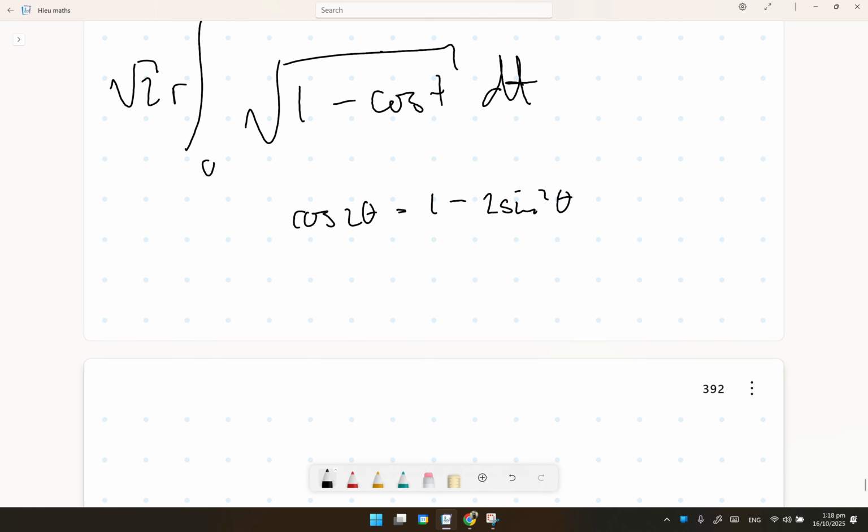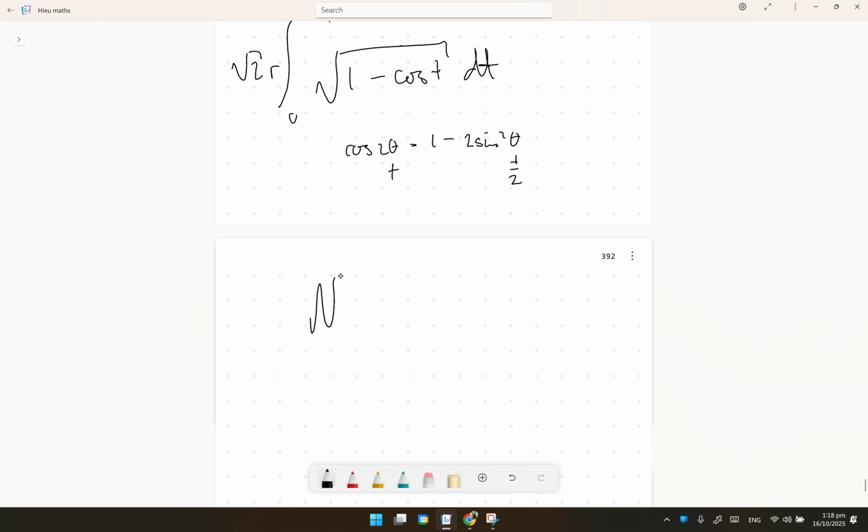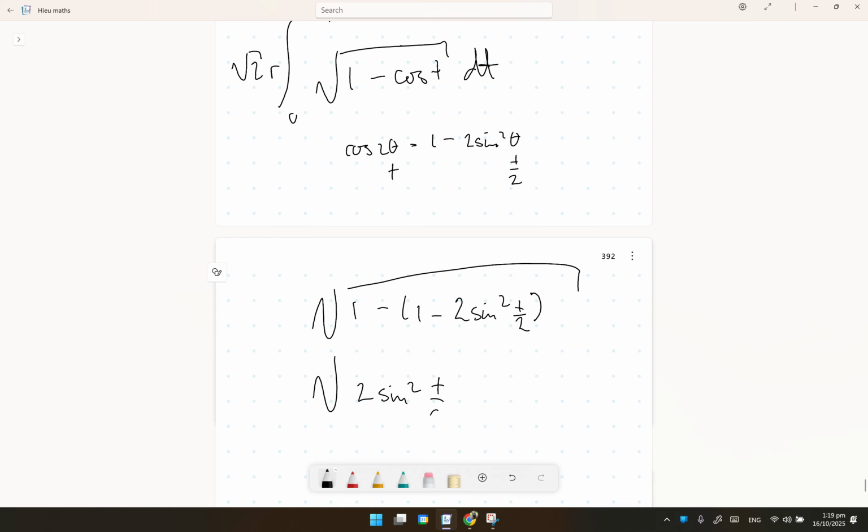So cos t is cos 2 theta, t here is t half. So let's sub everything back in. Square root of 1 minus, and then cos t is equal to 1 minus 2 sine squared t over 2. So that's the square root of 1 minus 1 is 0, and then minus minus is positive, so it's just positive sine squared t over 2.